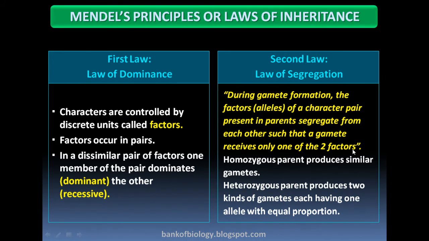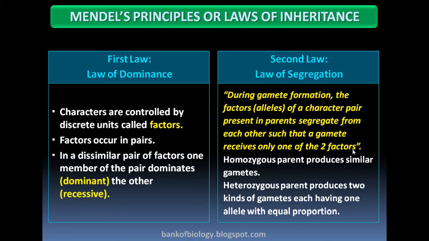For example, if we have capital T capital T, then if they segregate, we have in one gamete only one capital T, and in another gamete another capital T.